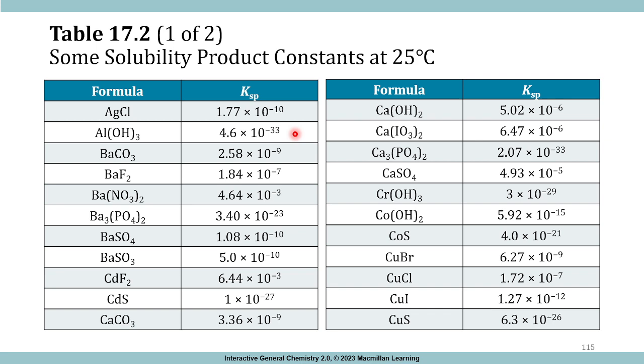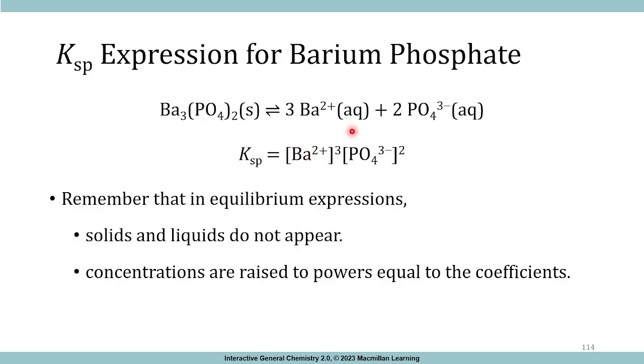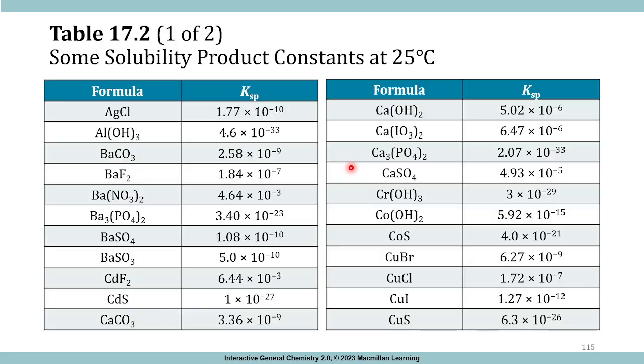So a number very close to 0, 10 to the negative 33 is pretty close to 0, right? That number means that very little of this goes in solution, okay? Because remember, these are going to be the ions that would be dissolved in solution multiplied by each other, right? So a number like this means very, very, very little of it would dissolve in solution.